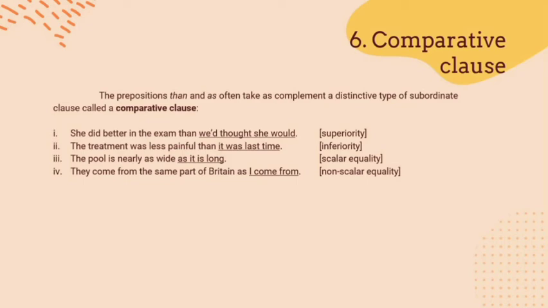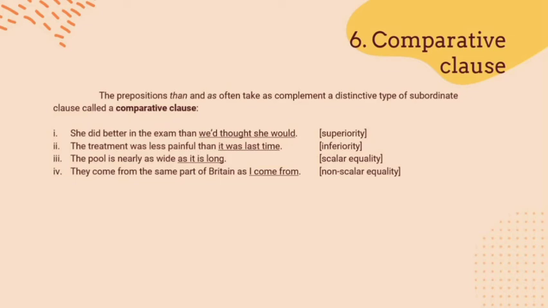In example 1, the complement of would is left understood. We could add do, but there would still be a missing adjunct. In example 2, there is an obligatory missing predicative complement. It is understood as how painful.